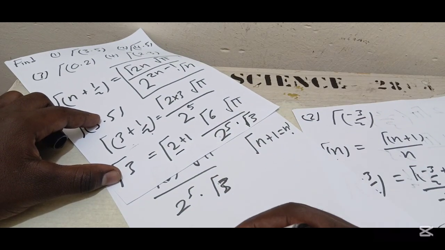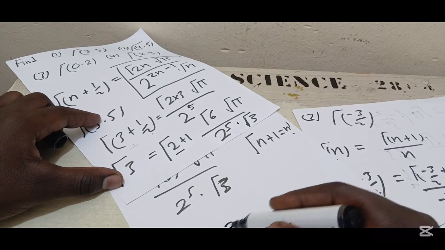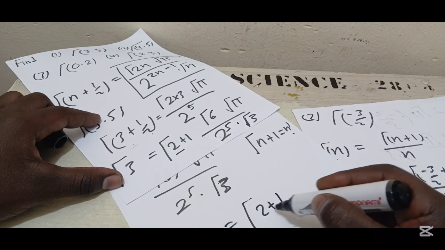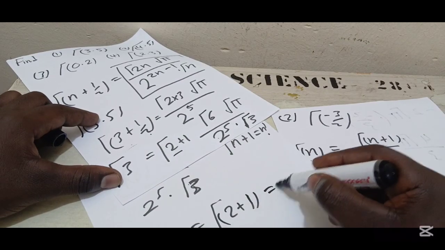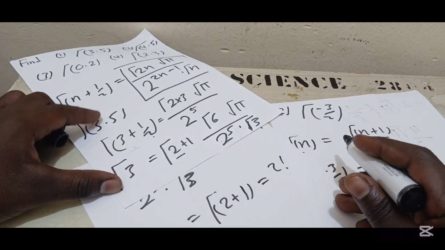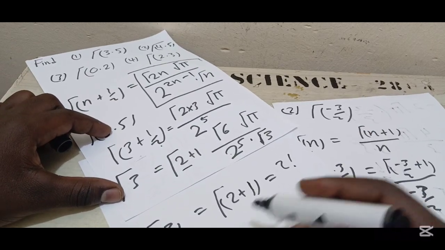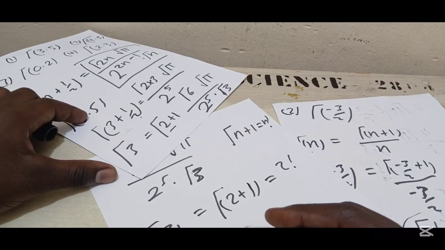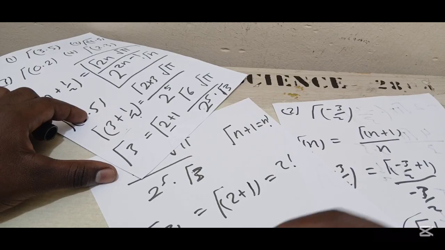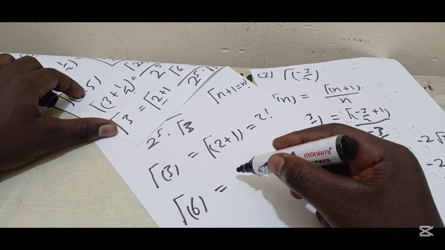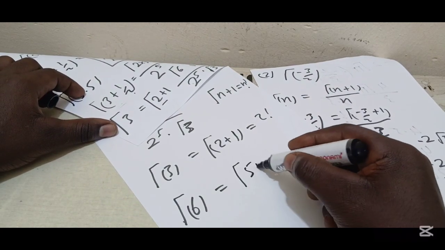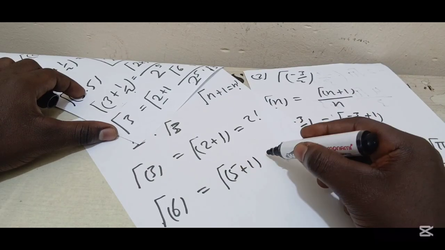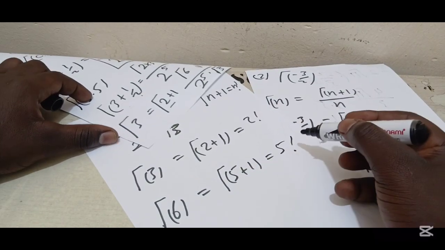So gamma 3 is the same as gamma 2 plus 1, which is equal to 2 factorial, right? You can also do the same for gamma 6. Gamma 6 is the same as gamma 5 plus 1. 5 plus 1 is 6, so 5 factorial.